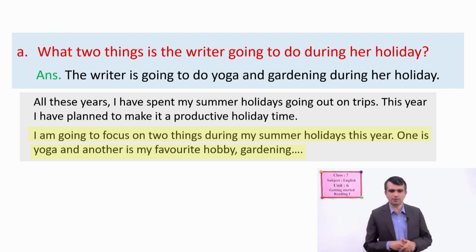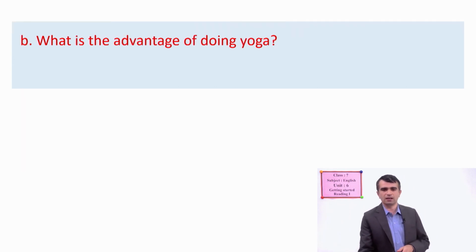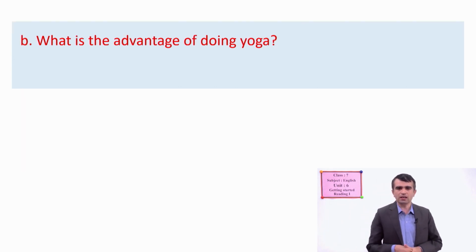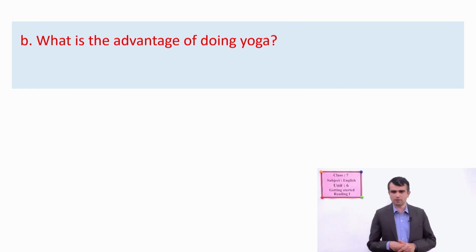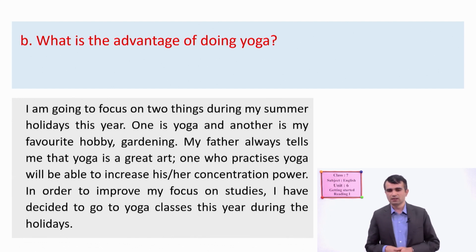Okay. Now move on to the next question. Number B. That is, what is the advantage of doing yoga? Does she talk about advantage? Does the writer talk about advantage? Yes. The writer talks about advantage here. In this part of the lesson, in second paragraph.